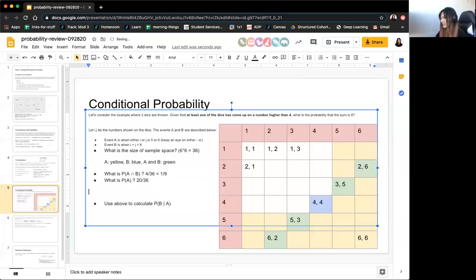And then now they're saying, use the above to calculate the probability of B given A. So this requires a little bit of formula, I think.